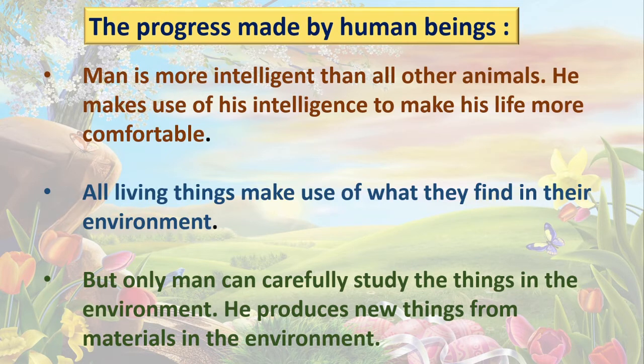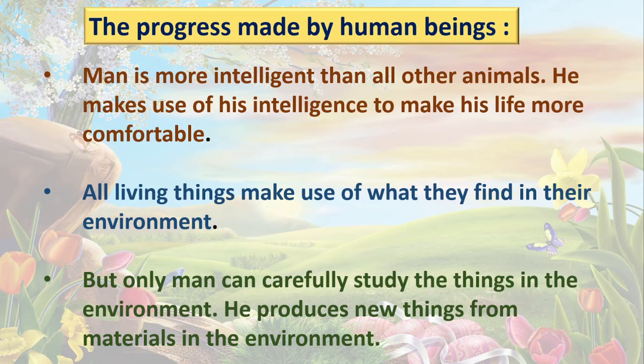Here, one more example I want to give, that the monkeys, birds, squirrels, etc., the tree dwelling animals, they stay and take the shelter of the trees directly. But the brilliant man, he cuts the trees. He uses the timber to build the house. Got this, children?